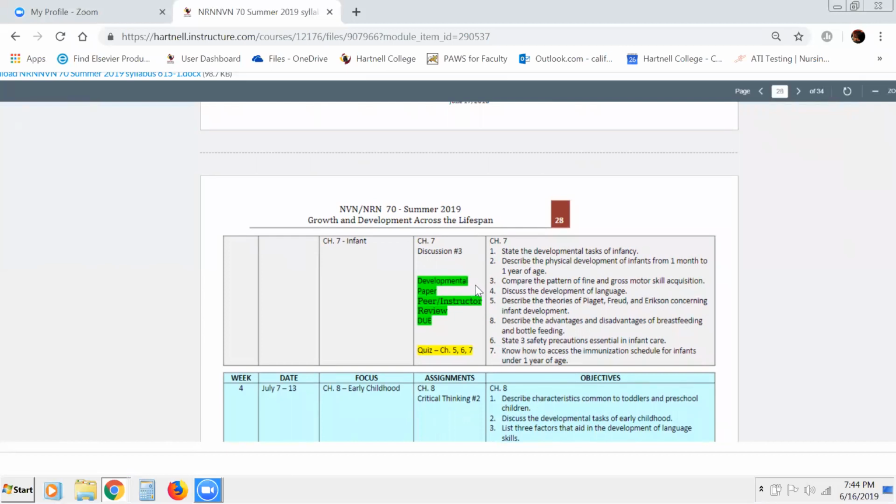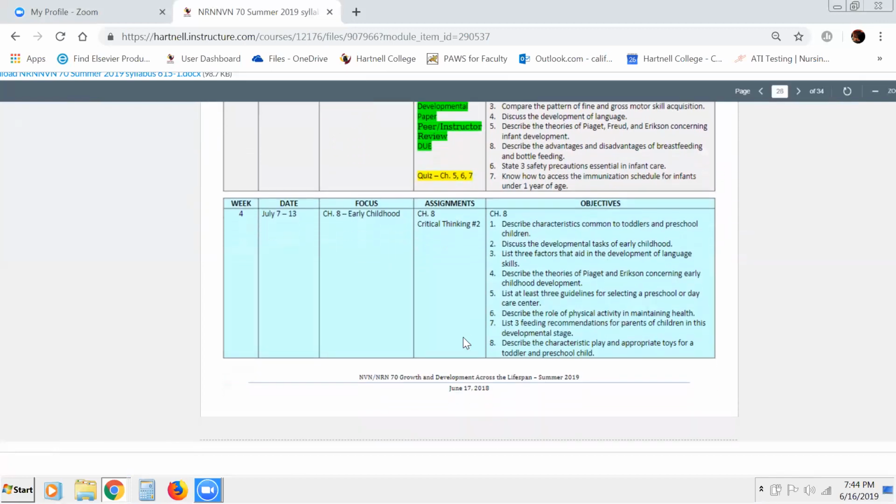In week 3, your peer instructor review is due. So as much of the paper as you will have done will be reviewed by myself and 2 anonymous peers. That way you can give each other feedback and see what other students are doing. And there's also a quiz for chapters 5, 6, and 7.